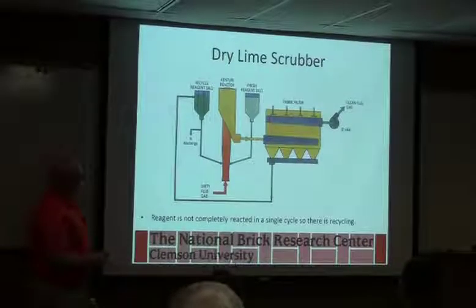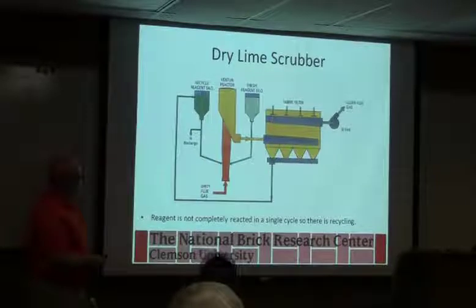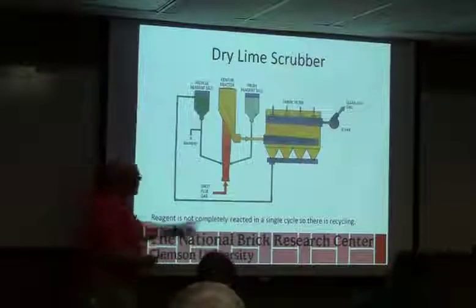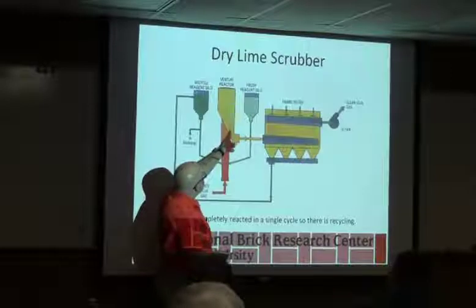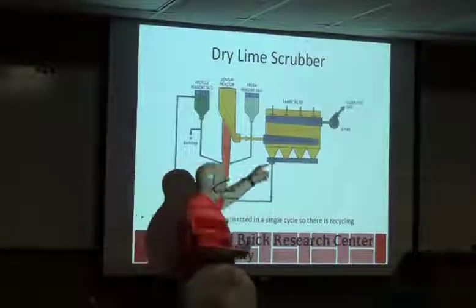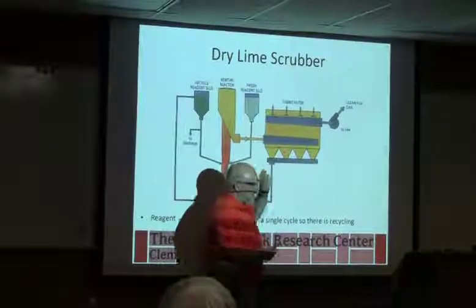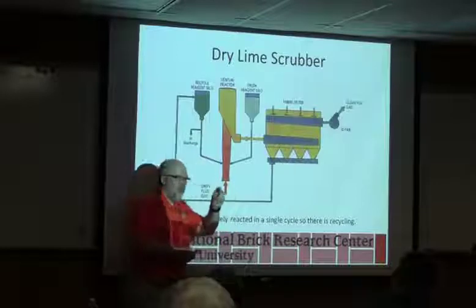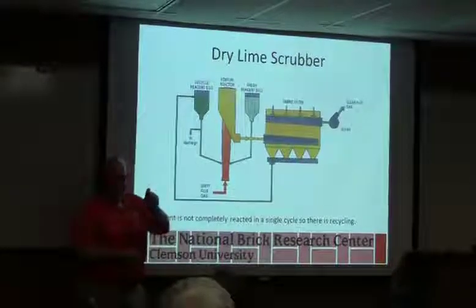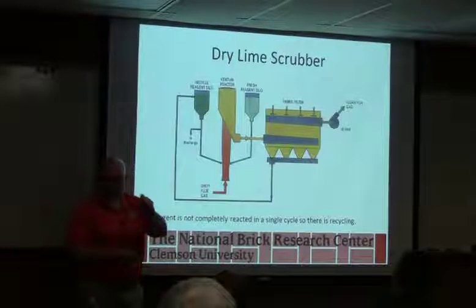So dry lime scrubber, basically there are different ways to do it, but you inject a powder in, you have some sort of reaction chamber where you're trying to get mixing of the powder in the air, and then you typically have a bag house to take that powder back out. A lot of the reaction takes place on the bag, so you probably have a delta P, a pressure differential that you try to maintain.